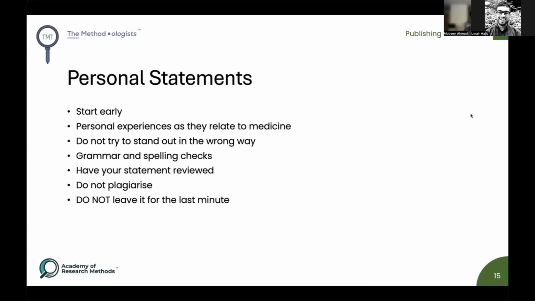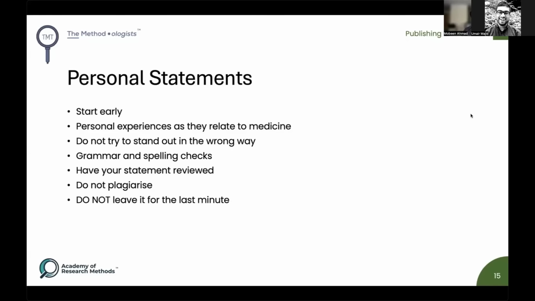This is something that I see often disregarded by a lot of people and sometimes leads to them not getting any interviews or not being matched. We all know people who have gotten those double 250s, who have experience but have not matched. And I think the personal statements and these things are the things that hold people back a lot of the time.